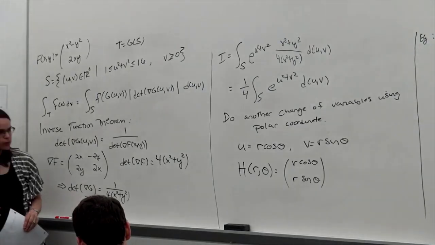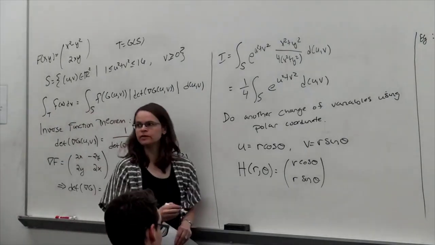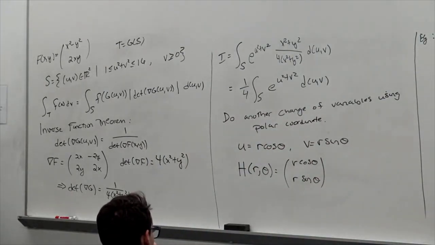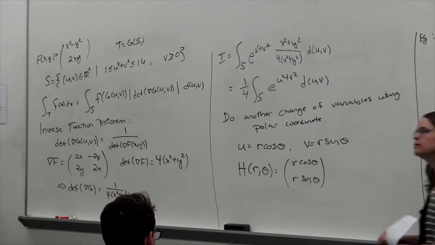What's our domain? Our domain is going to be, well, the radius goes from 1 to 4. Angle goes from 0 to pi. Our domain's actually a rectangle now.